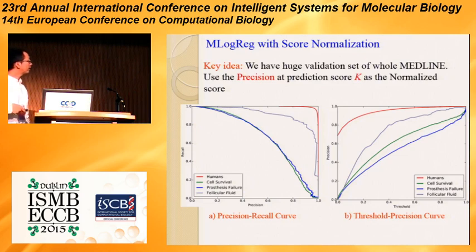Here we also draw the threshold and precision figures. For a given threshold, different classifiers will give different precision. So if we directly use the score, it's unfair for some classifiers, for some MeSH headings. So we use the precision as the prediction score for a threshold, and then use it in the learning to rank model.